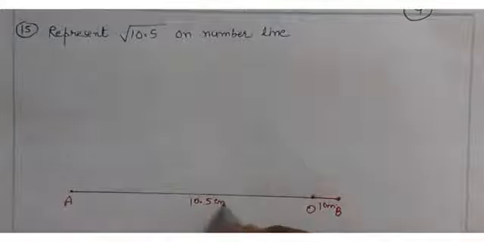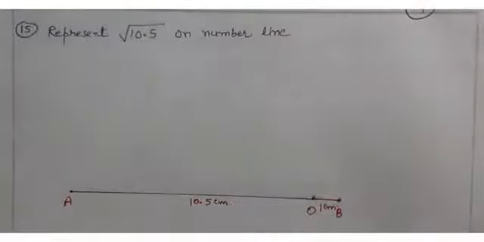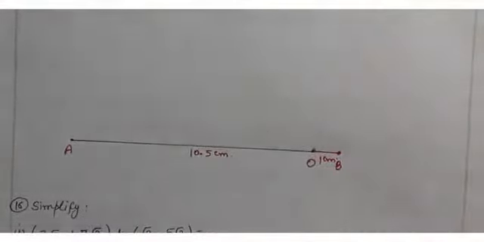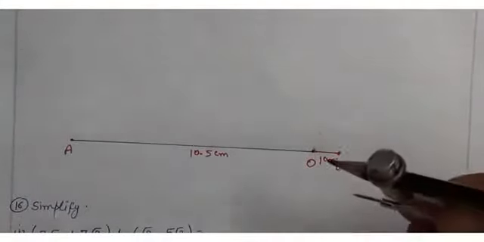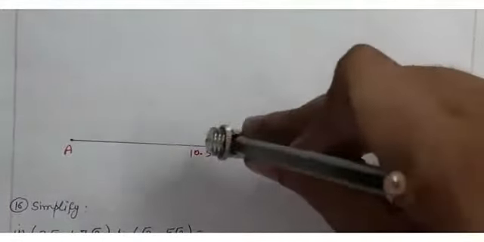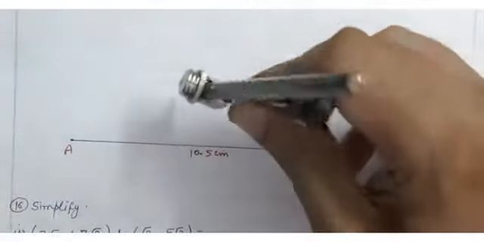Additional 1 centimeter, and this is your 10.5 centimeter. Now then what to do? Now see what I am going to do. I am trying to draw the perpendicular bisector of AB. Open the compass more than half of this line segment, one up and one down.